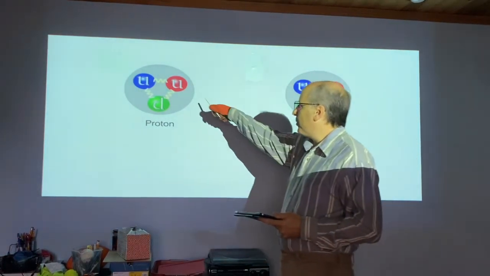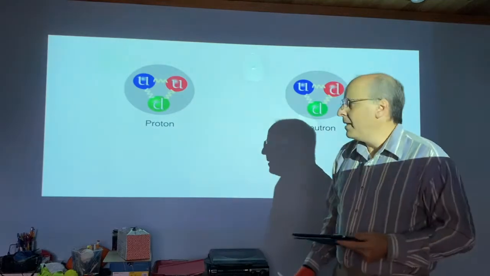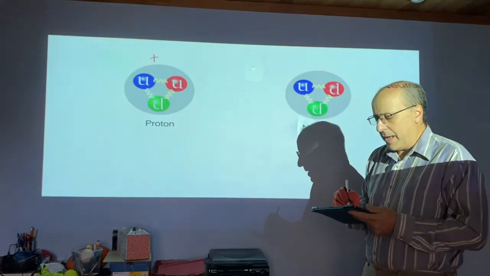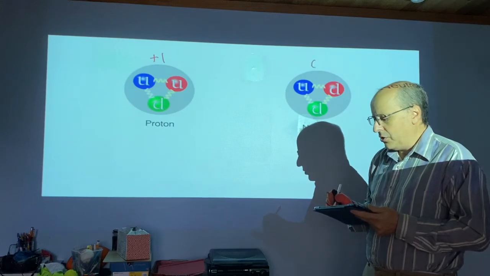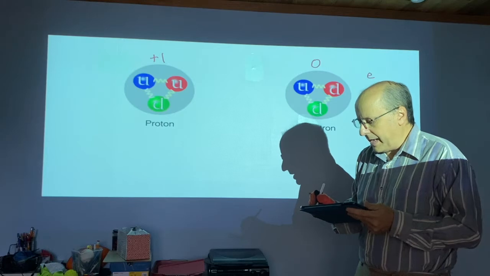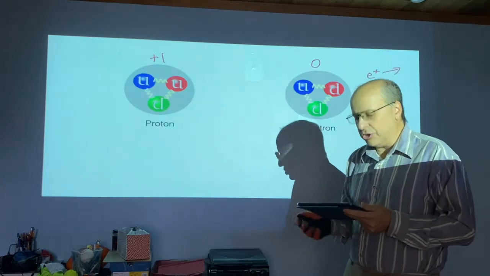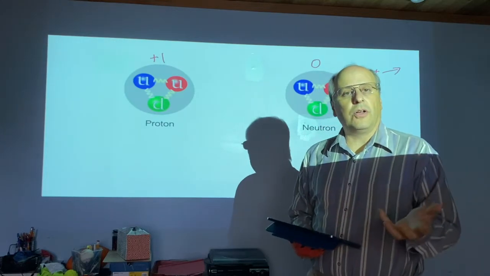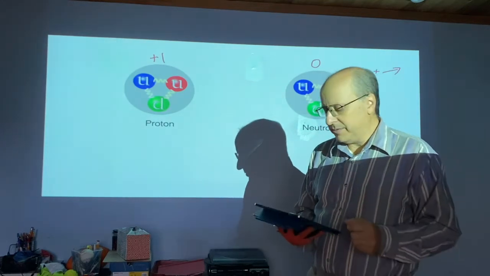So again, we had a proton that was up, up, down, and one of the ups turns into a down, and we go from a +1 charge to neutral. How did that happen? It's because the positive electron carried away the charge. We still have a charge of +1, it's just no longer located in the nucleus.